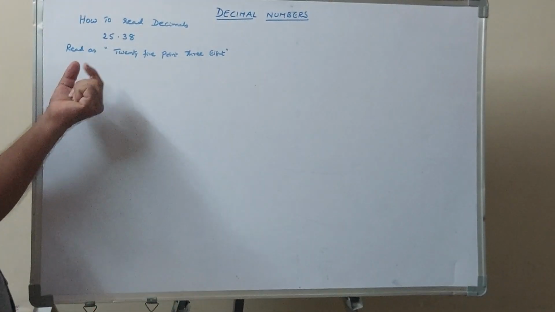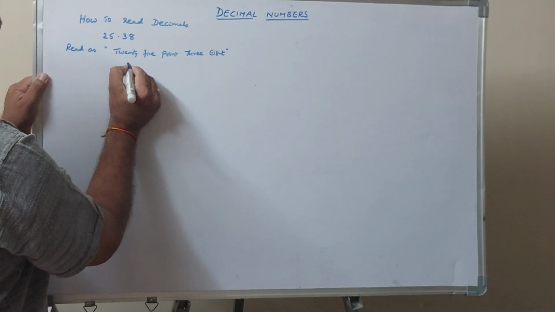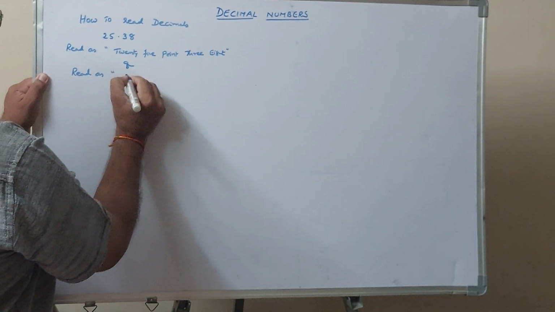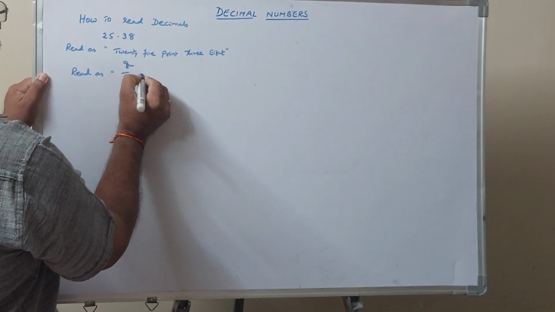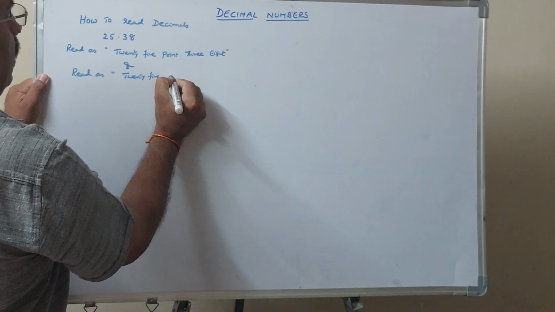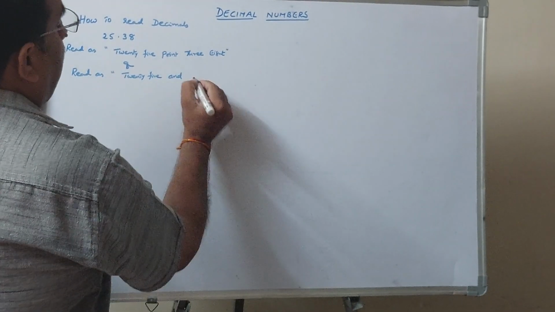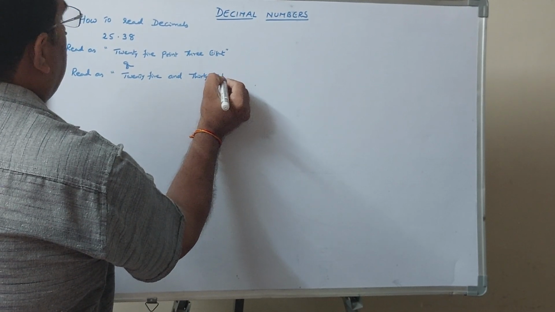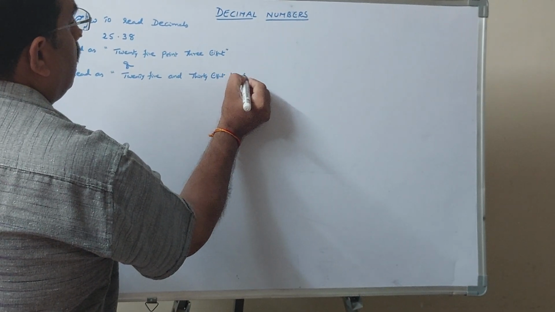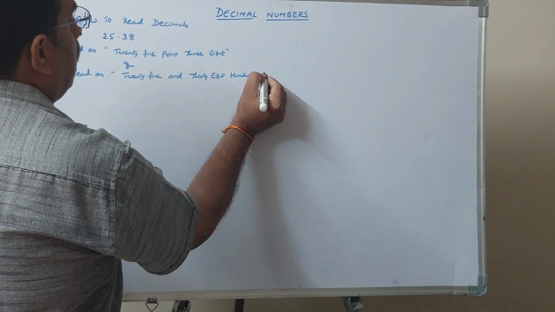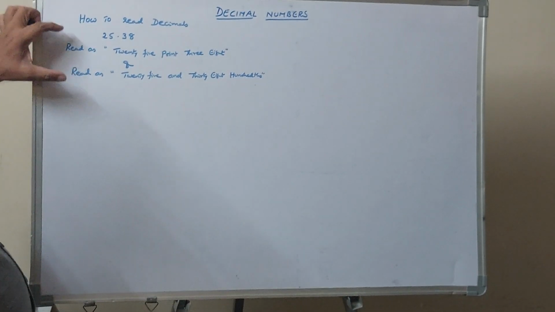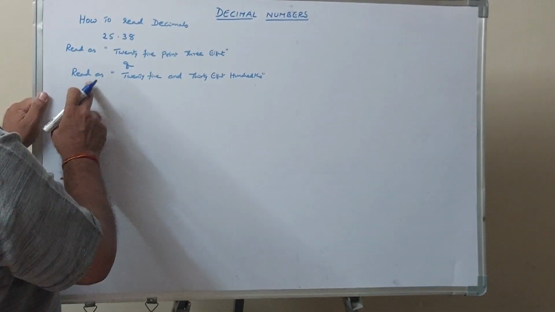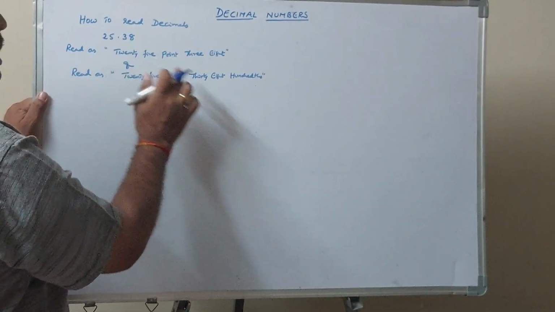This is one way of reading decimals. Another way is to read as 25 and 38 hundredths. This is the reading of decimals. One way of writing is 25.38. The other way is 25 and 38 hundredths.